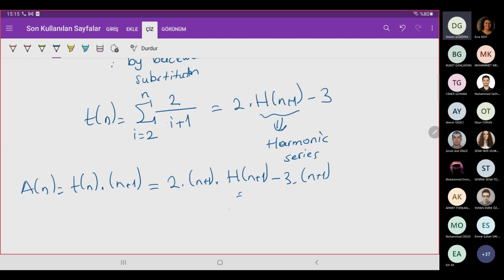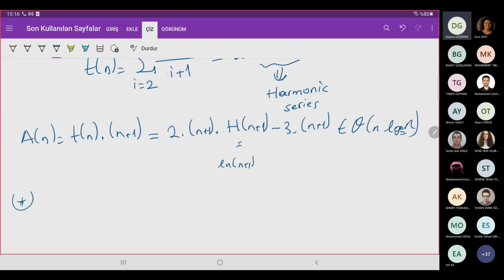Because this is like ln n plus 1, it's theta n log n, okay? Because H(n) is logarithmic in n, and the minus term doesn't matter, I have n log n in the average case.